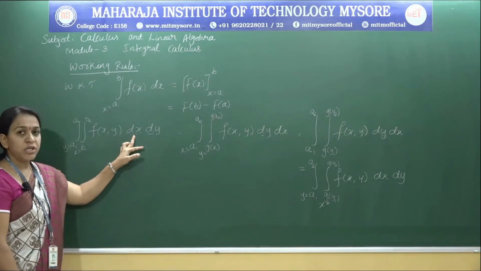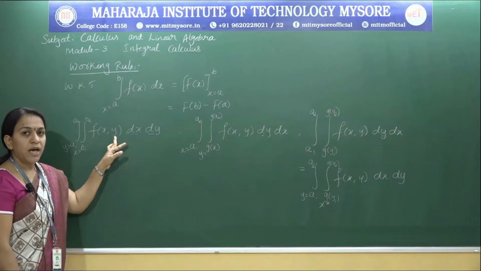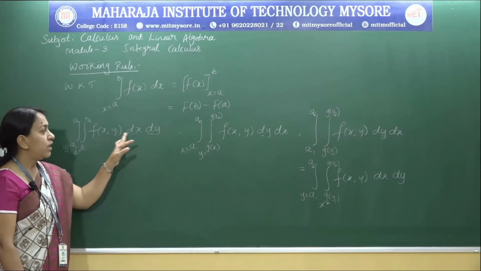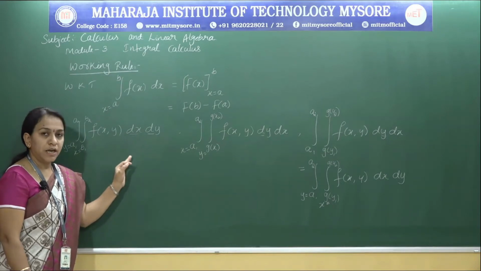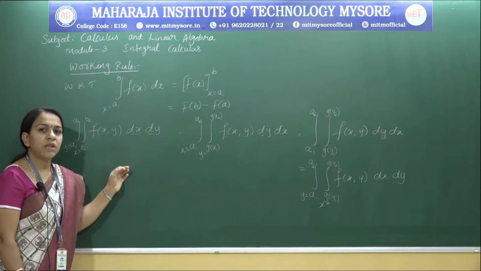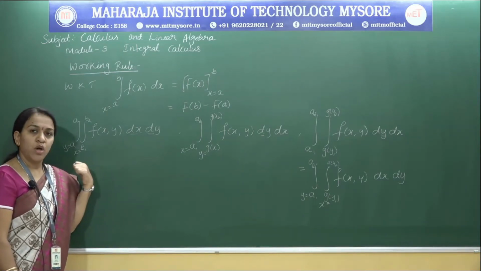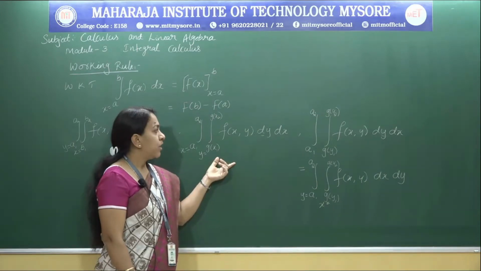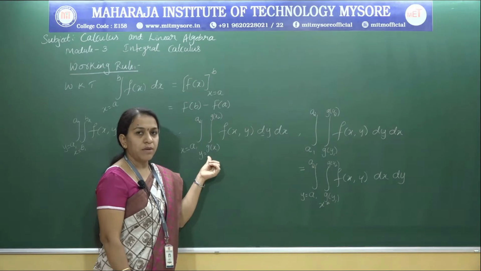If I have dx first, then we should consider y as a constant and integrate with respect to x. Keeping y constant, integrate first with respect to x and apply the limit, then you remain only with the y variable. Okay, then integrate with respect to y. So in this case, I have one constant limit and another variable limit.